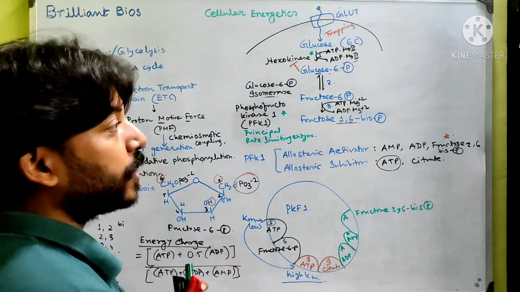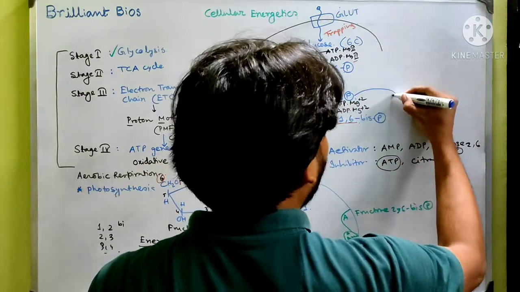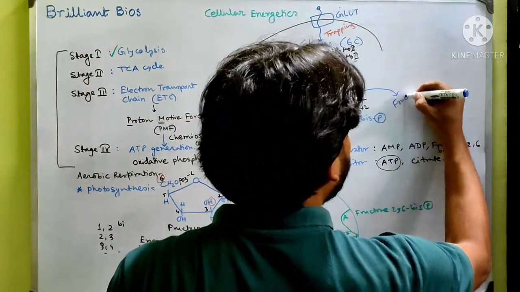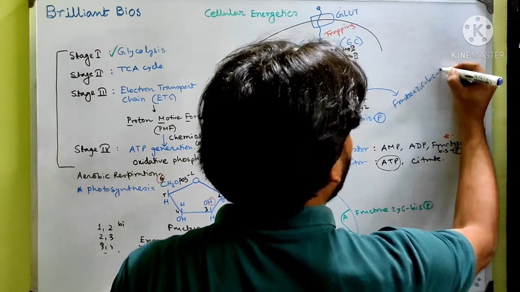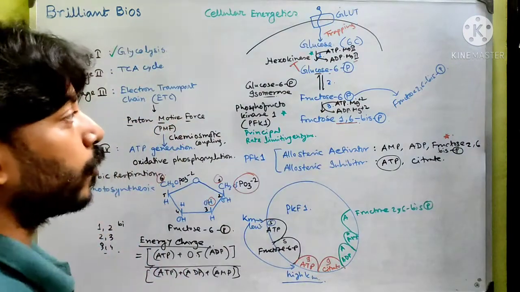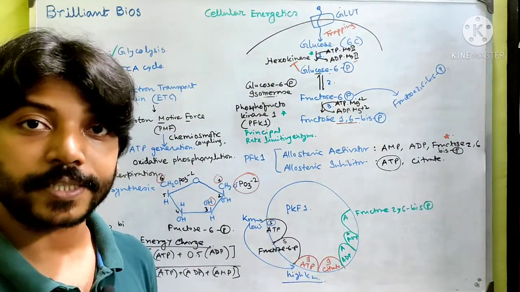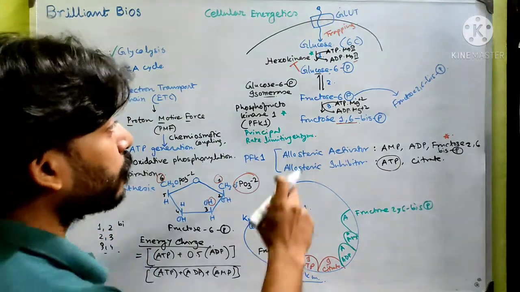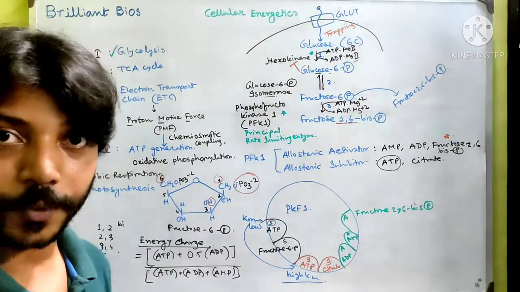This is the branching of the glycolysis process. Fructose 6 phosphate can be converted into fructose 2,6 bisphosphate. Do you know where this occurs? In the liver, if the glucose concentration increases, then fructose 6 phosphate can be converted into fructose 2,6 bisphosphate.